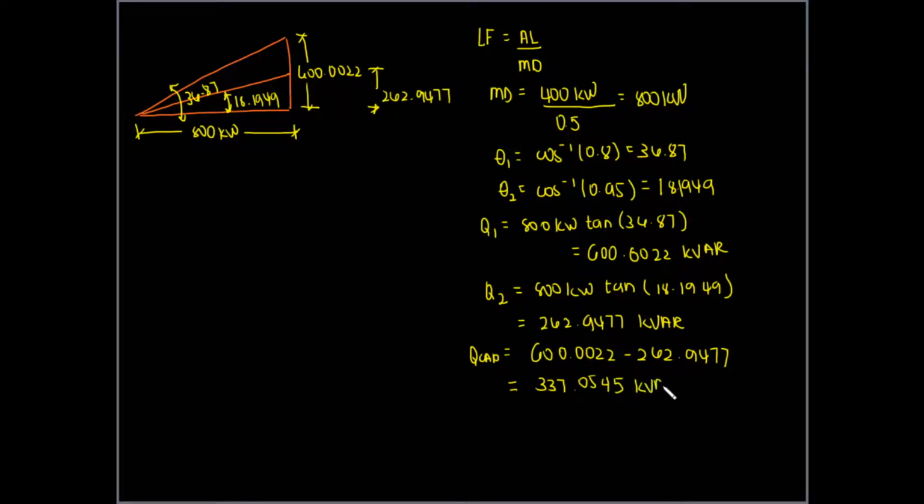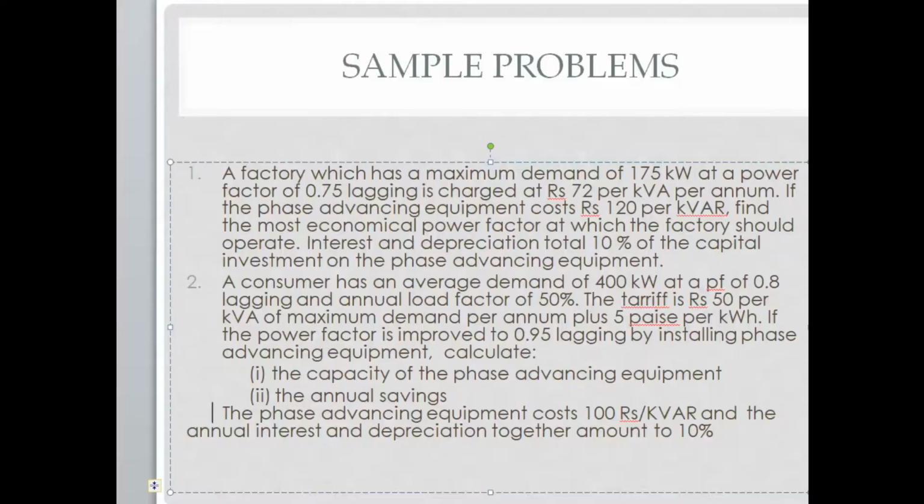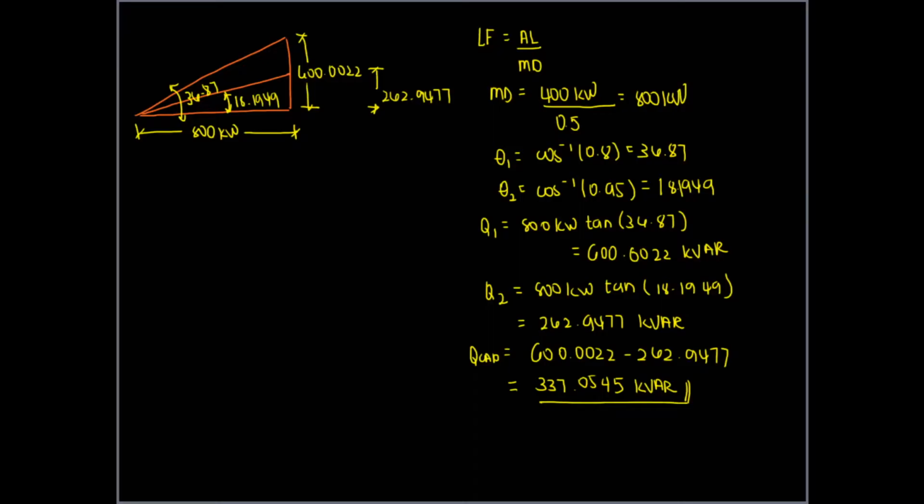There. So apparently this is now the rating it's talking about. So this is the capacity of the phase advancing equipment, 337.0545.